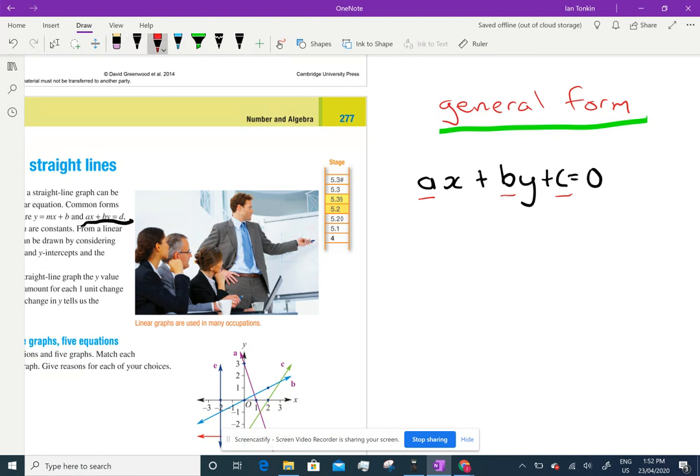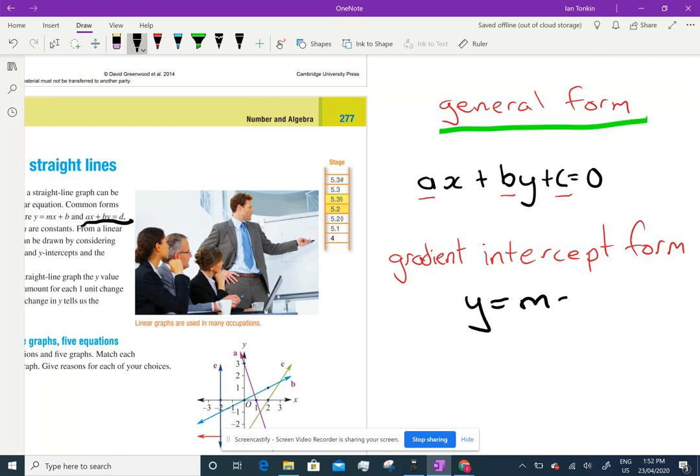The gradient intercept form, if you did the sheets, is much better. Y equals mx plus, now, over here it says b, and that's how all the old textbooks will tell you, but they've changed now and they've used c.